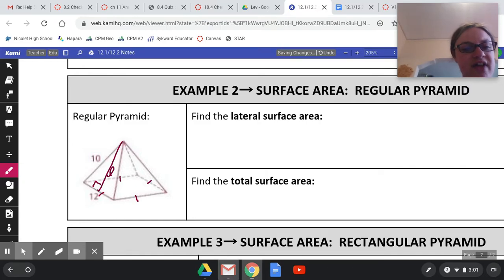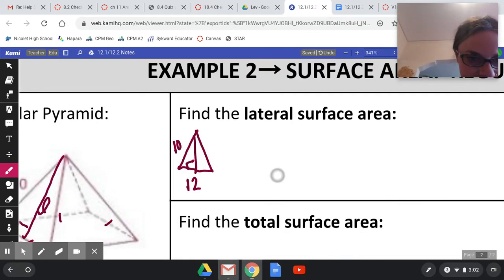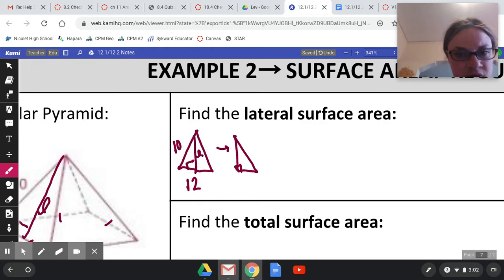In order to figure that out, I need to first focus on that triangle, that lateral face. So here my base is 12 units. Over here, this side is 10, and my slant height is this guy right here. If I focus on just the right triangle, then my hypotenuse is 10.